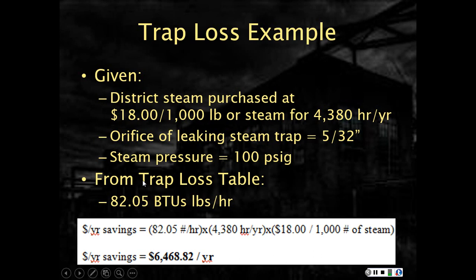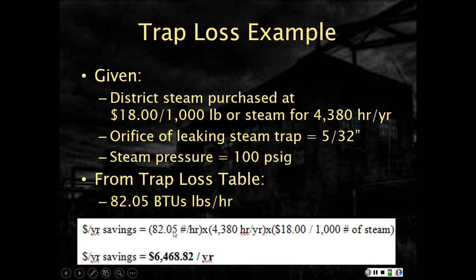So the first thing I have to do is get that pounds per hour. So I go to a steam trap loss table, 5/32 orifice size at 100 psig. It turns out I'm losing 82.05 pounds per hour.